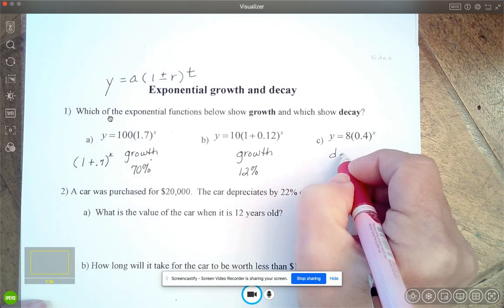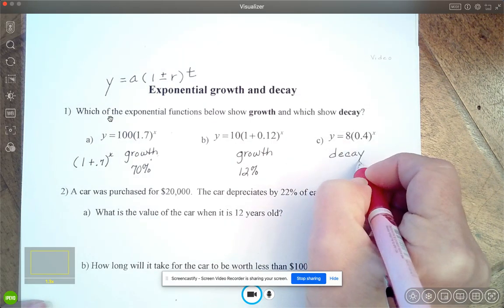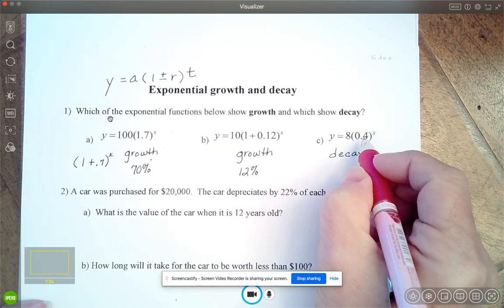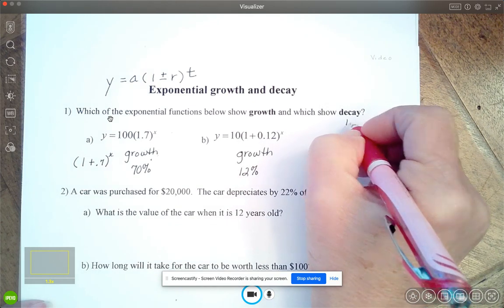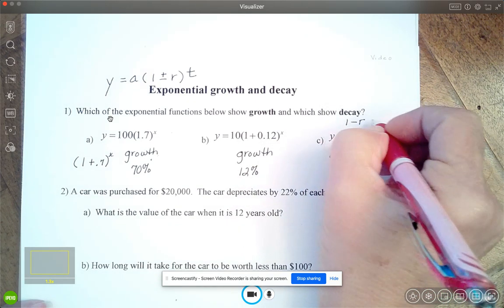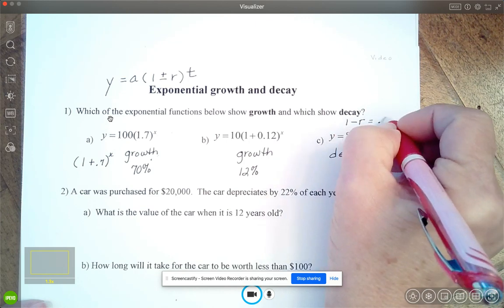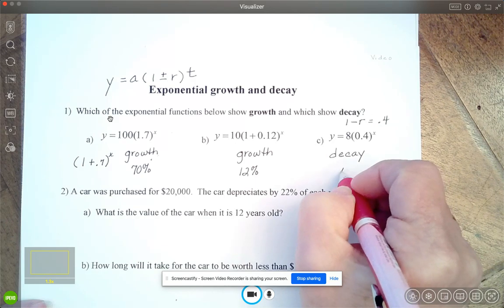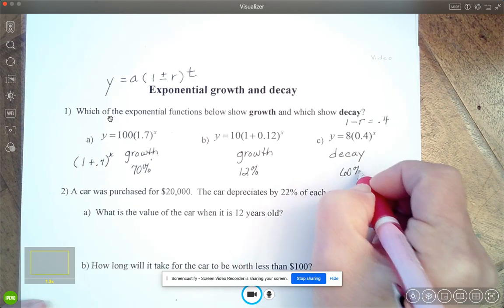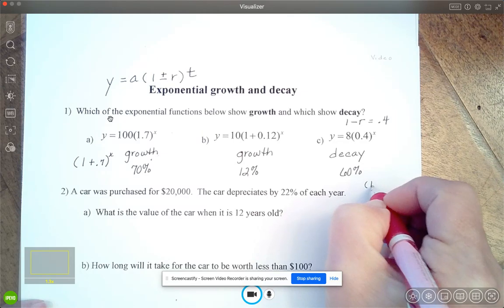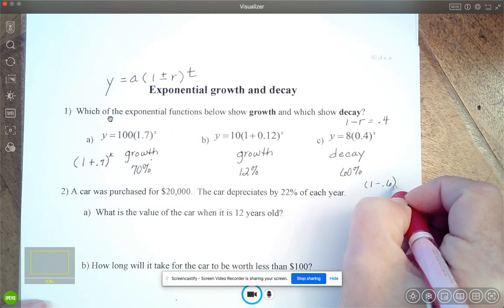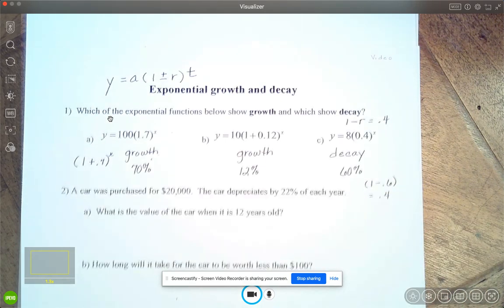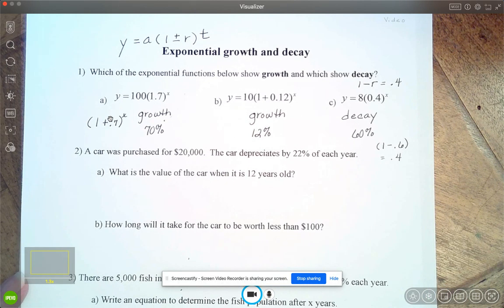It is less than 1. And what I can see, this is different right here. I need to find the value 1 minus whatever that interest rate would give me a 0.4. Okay? So my decay rate will be 60% because 1 minus 0.6 is going to be equal to 0.4. And I can go over that with you if you need to later on. Okay?